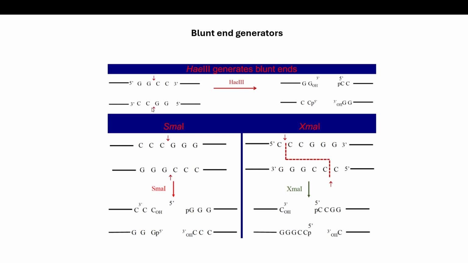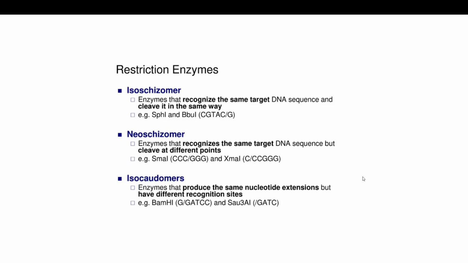See, it is cutting at a very symmetrical site, generating these blunt-ended DNA fragments. There's SmaI, which also cuts at a very symmetrical site between G and C. But XmaI produces sticky ends.